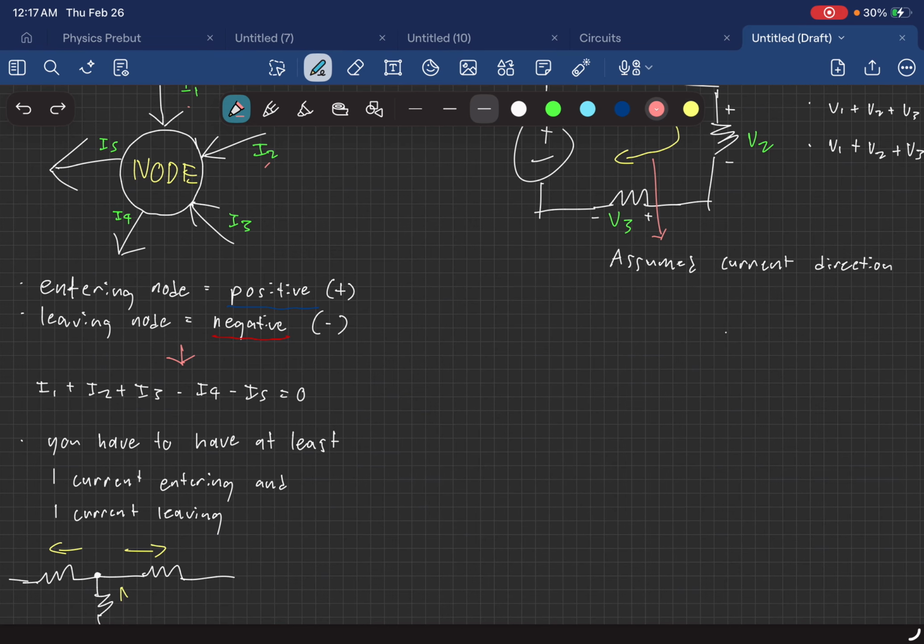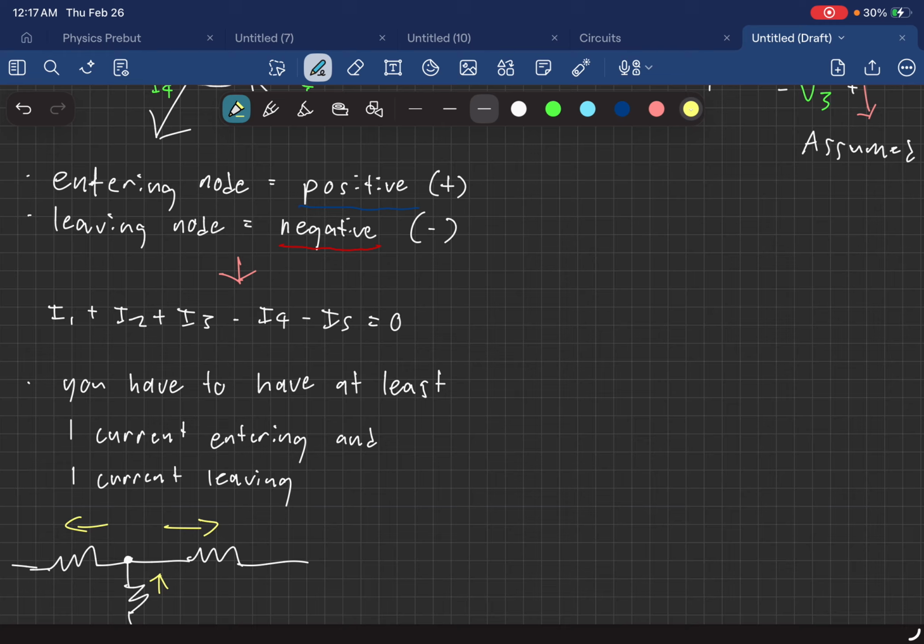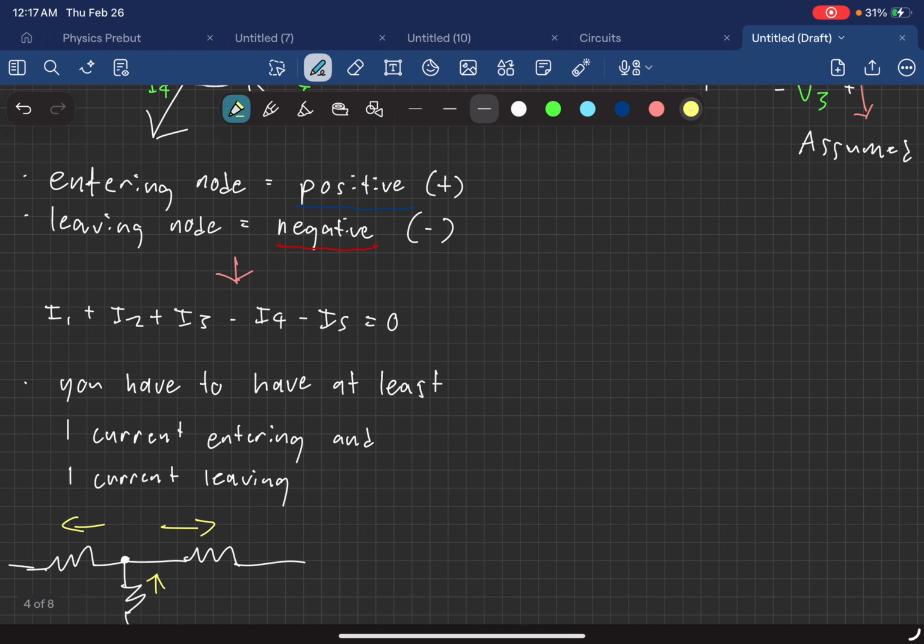So, when doing KCL, we gotta assume directions. Here it says you have to have at least one current entering and one current leaving. As you can see here, one current is going inside the node, and you have 2 currents going out of the node.